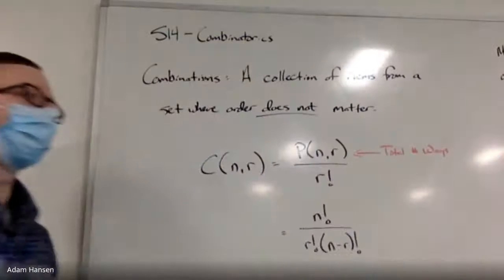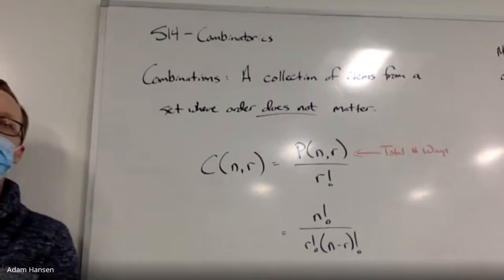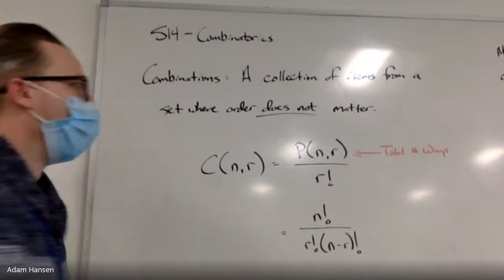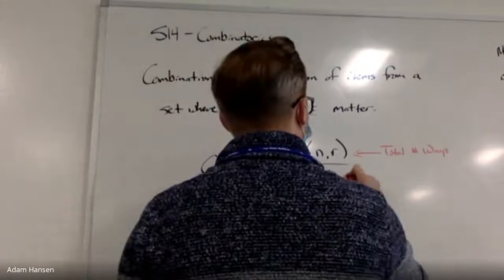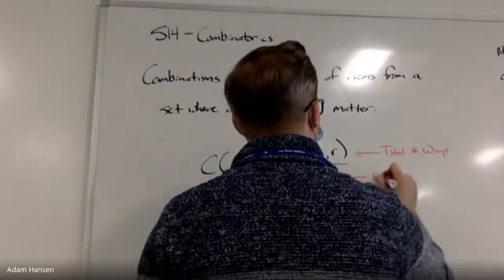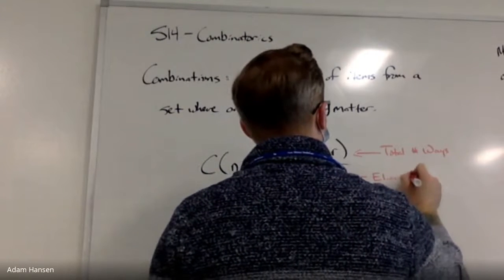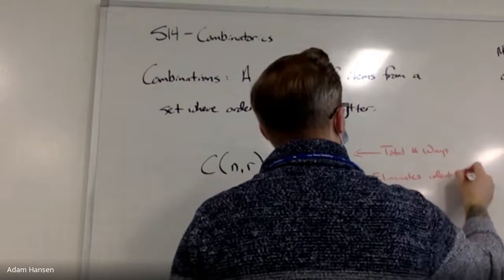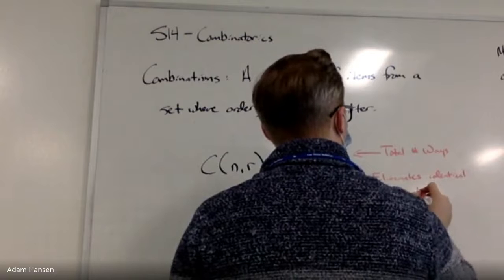That's what a permutation tells me: how many different permutations from a set of n things are there for R objects? Dividing by R factorial eliminates identical or repeated combinations.